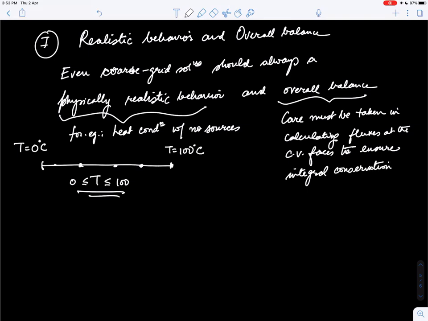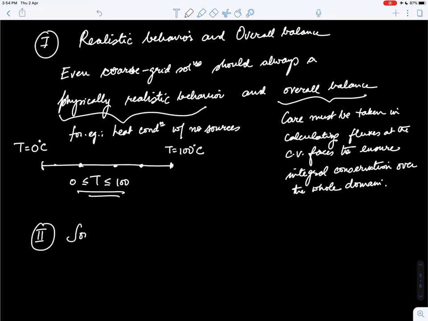We'll look at this point in more detail very soon. So physically realistic behavior and overall balance give us these two aspects: temperature being bounded, and fluxes being carefully chosen so that you have conservation over the entire domain.